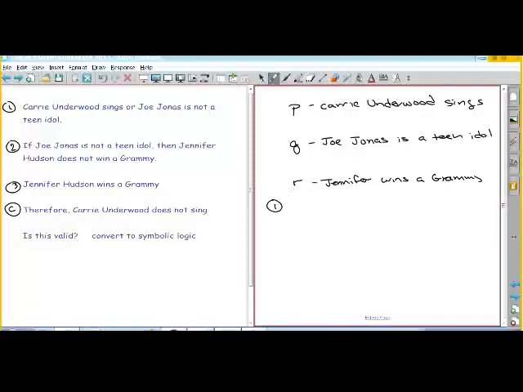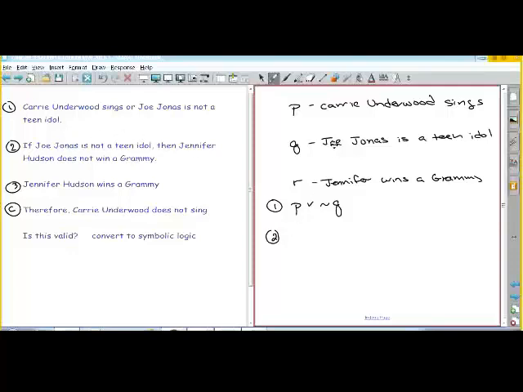So premise 1 is Carrie Underwood sings, which is statement P, or, so we use the or, Joe Jonas is not a teen idol. Q is Joe Jonas is a teen idol, so we put the negation of Q to represent this statement. Premise 2 is an if-then statement.